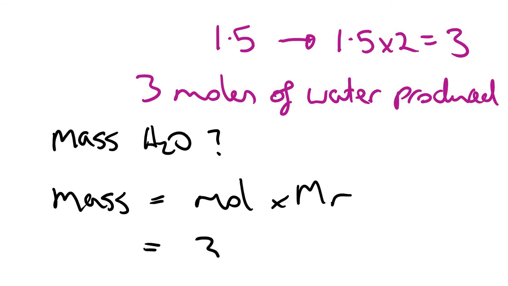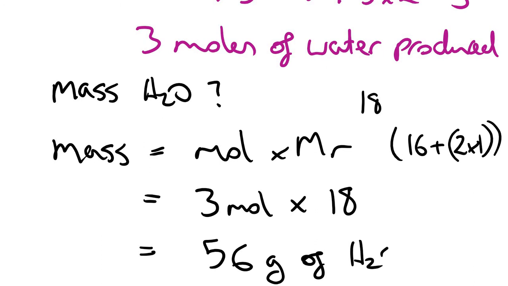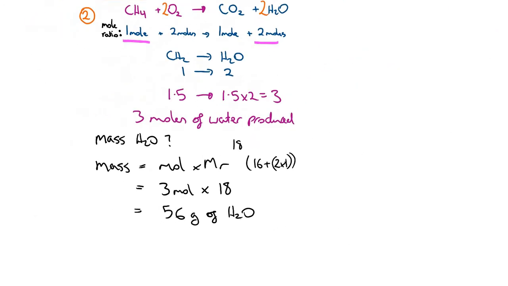We know that we've got 3 moles, and the Mr for water is 18, because it's 16 plus 2 by 1, which is 18. So 3 by 18 is equal to 54 grams of H2O. There, we've answered the question, we've used the mole ratios.